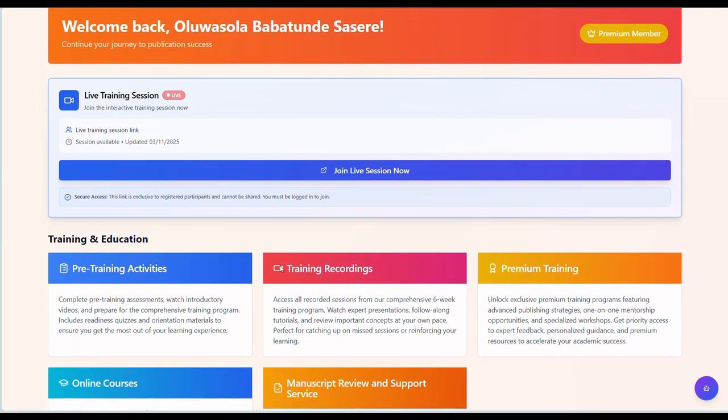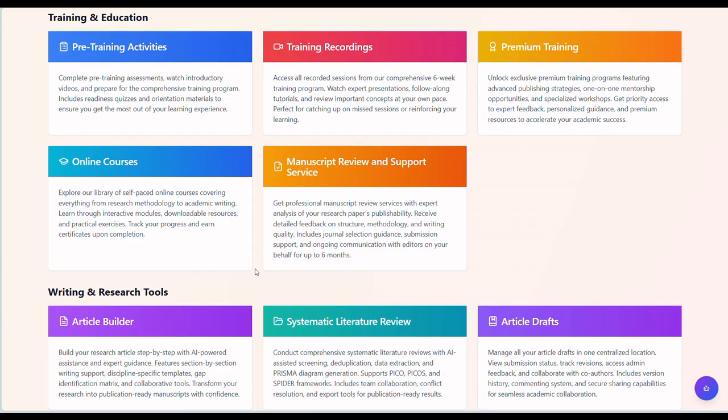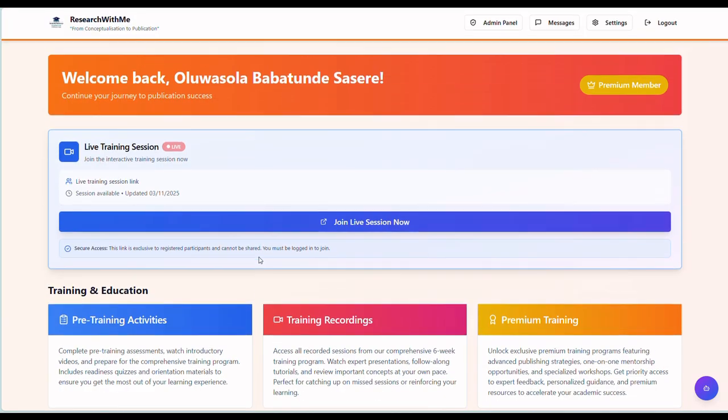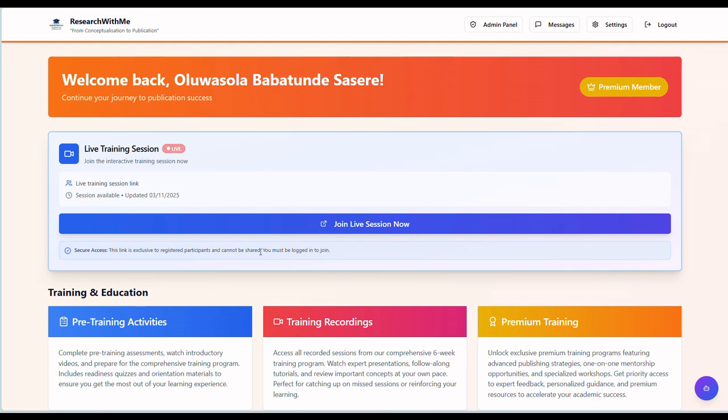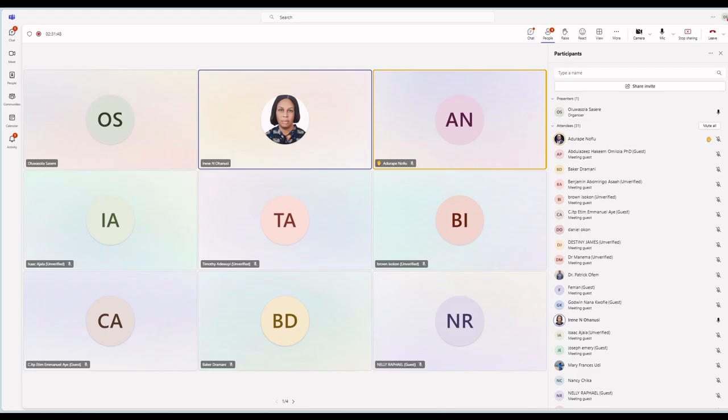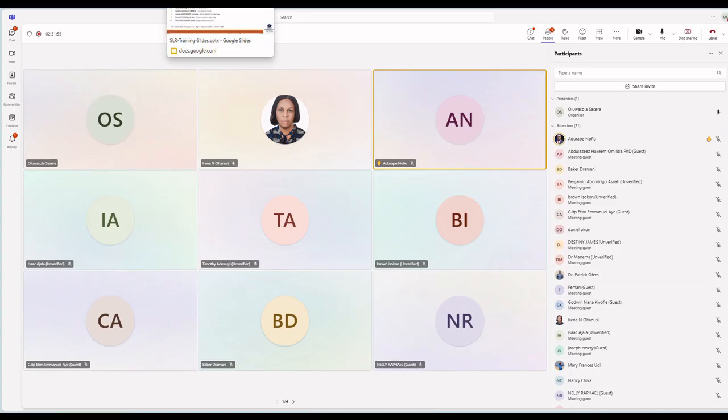So I'm requesting that you incorporate that so that we'll be familiar with these search engines. All right, ma'am. We'll take note of that and see how we can incorporate it in subsequent classes. Thank you, sir.